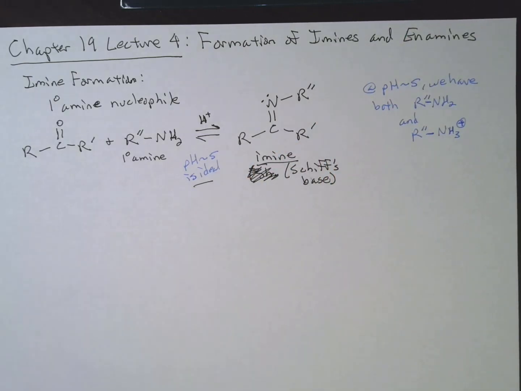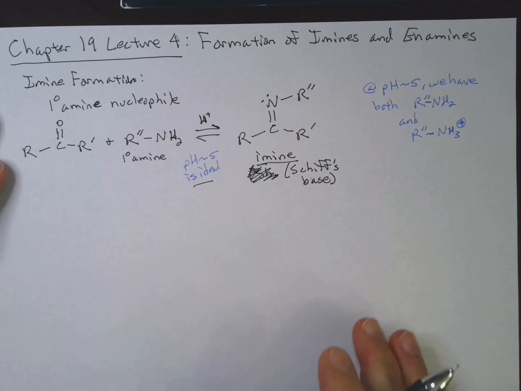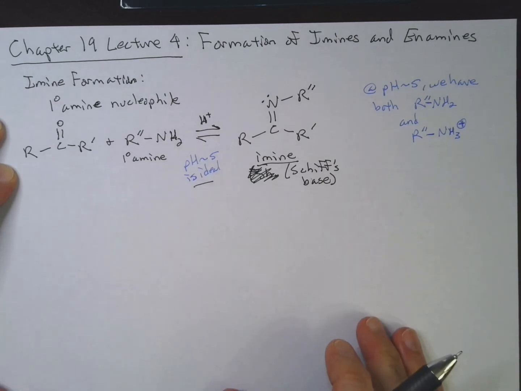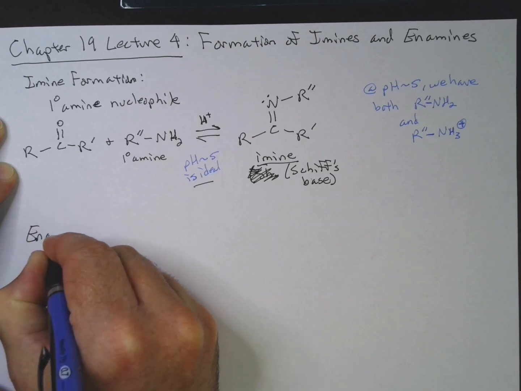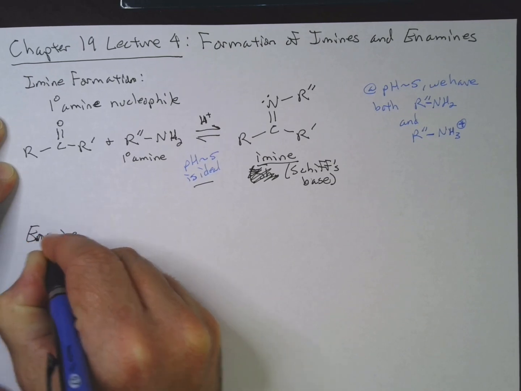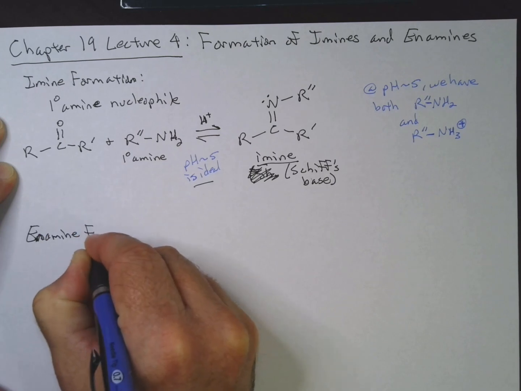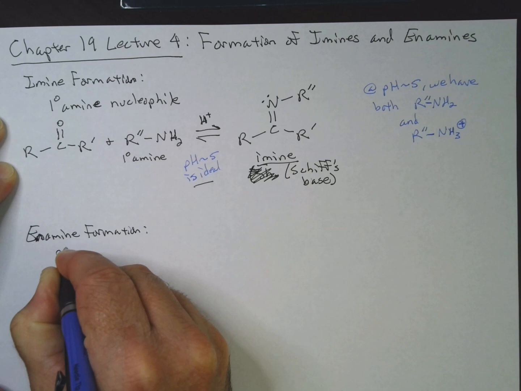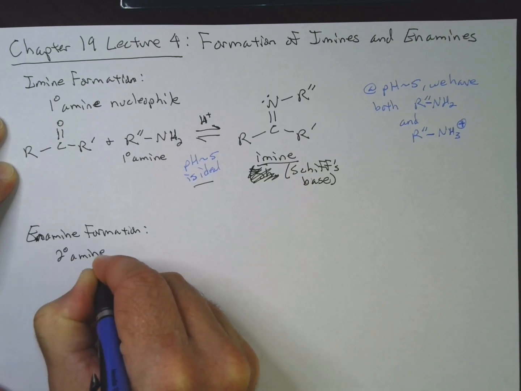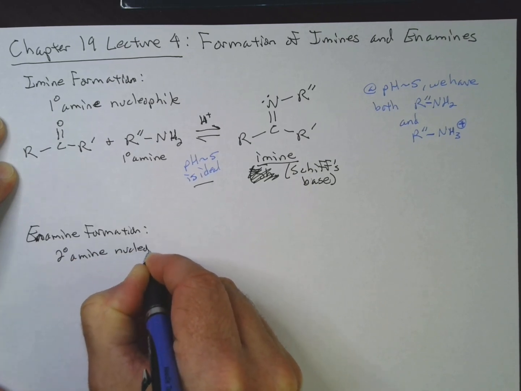All right, so if we have a primary amine as a nucleophile, we'll get an imine. If we have a secondary amine, we'll get an enamine. So secondary amine nucleophile.